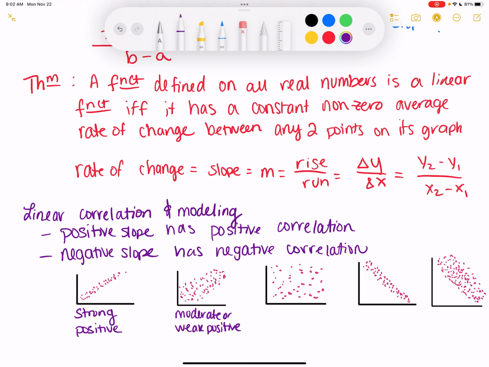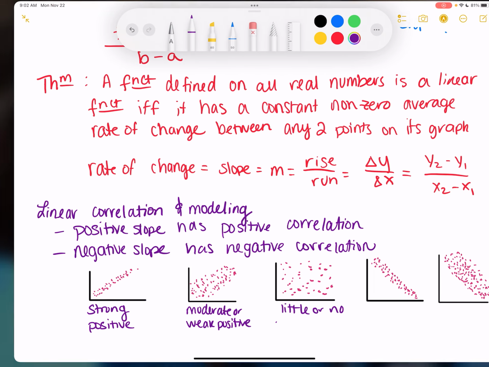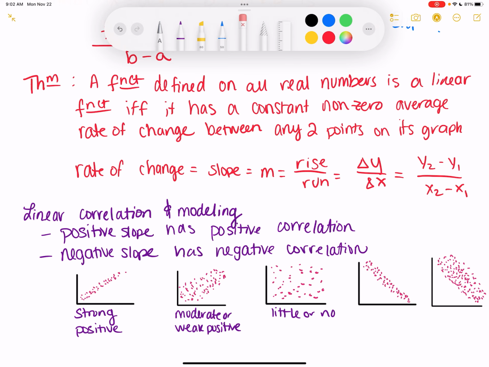Little or no correlation. Strong negative. Moderate or weak negative.